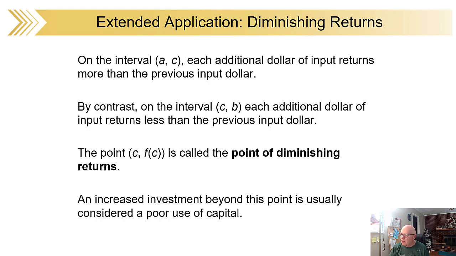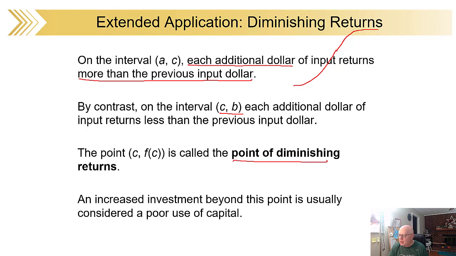Each additional dollar returns more than the previous dollar in the first interval, where it's going like this. However, on the second interval, you're getting more dollars, but not as quickly as you did before. Each additional dollar doesn't bring back as much as it did previously.